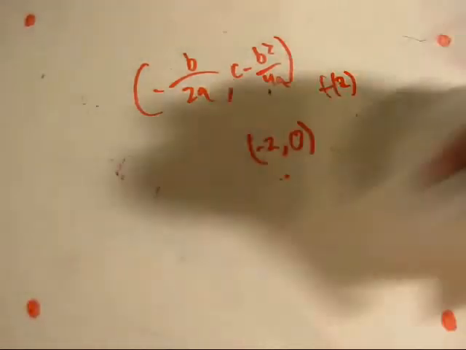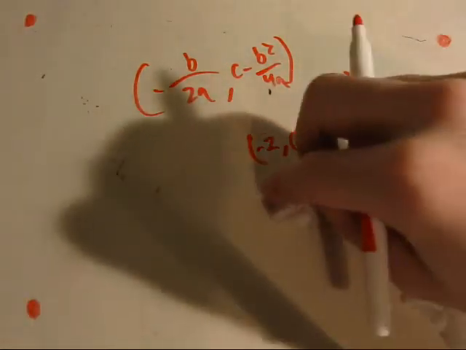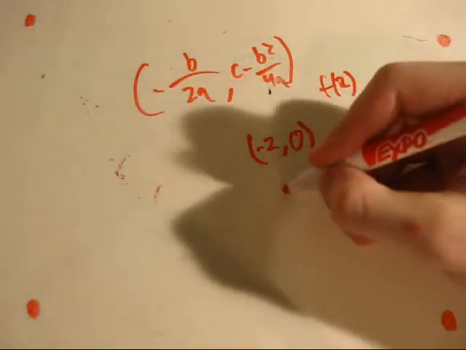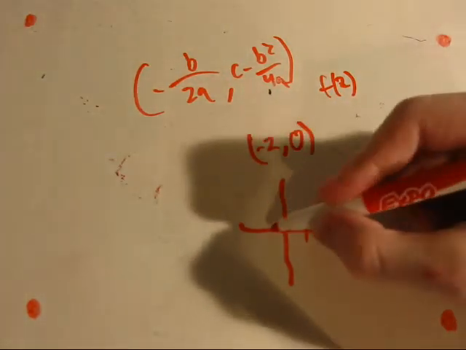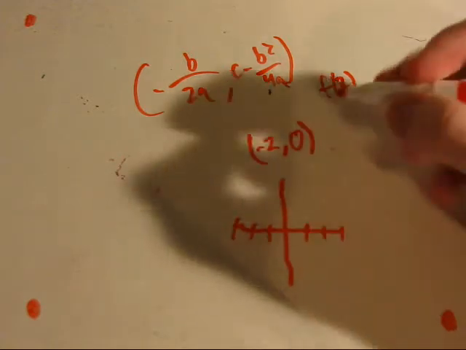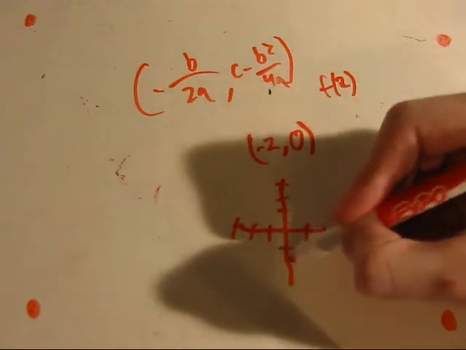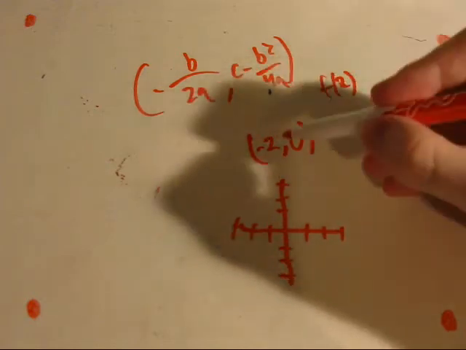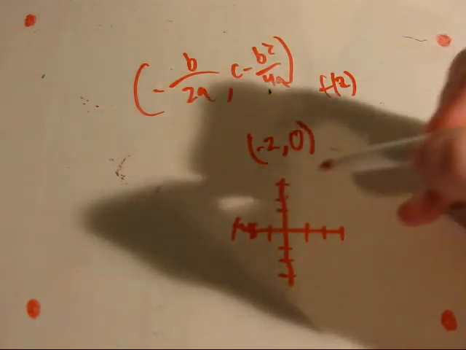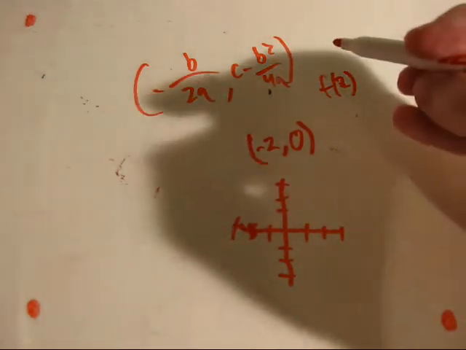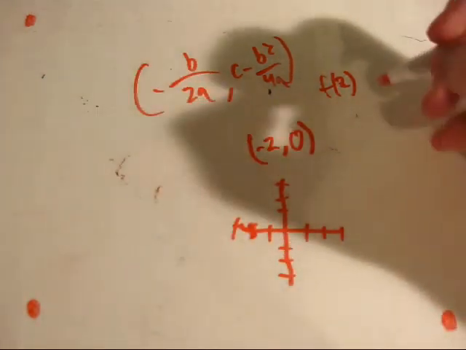So, we've got ourselves a graph here. At negative 2, 0, the vertex of this parabola will be located.